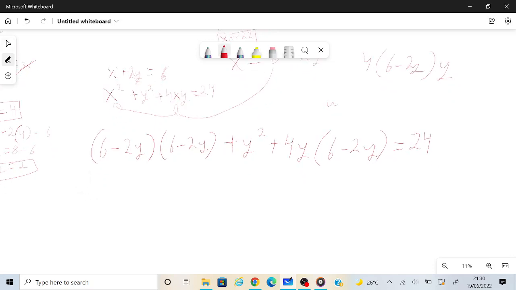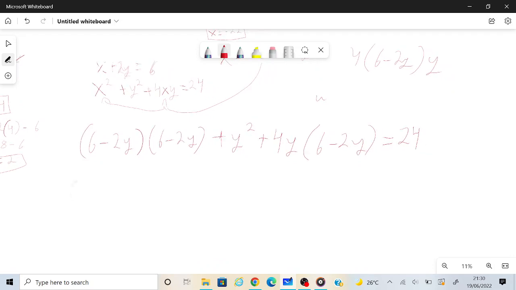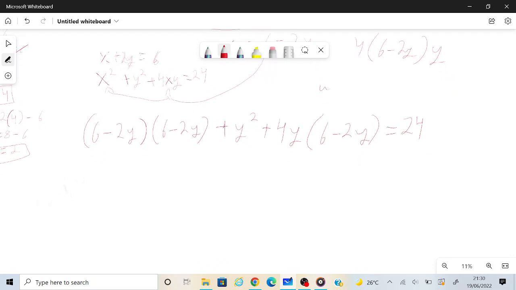Now, solving this, expanding the bracket first, we have 36 minus 12y minus 12y plus 4y squared plus y squared plus 24y minus 8y squared equals 24.